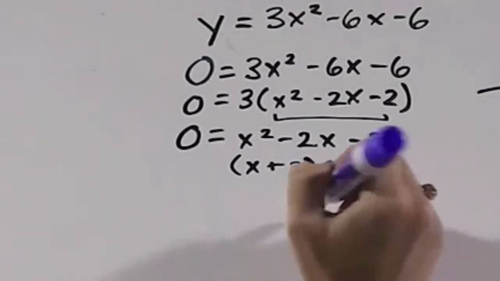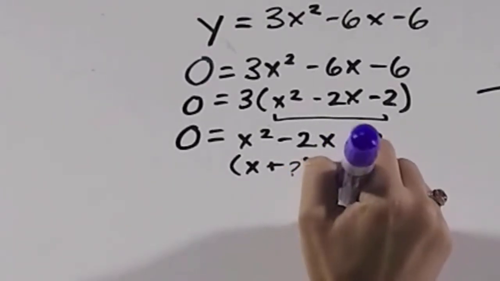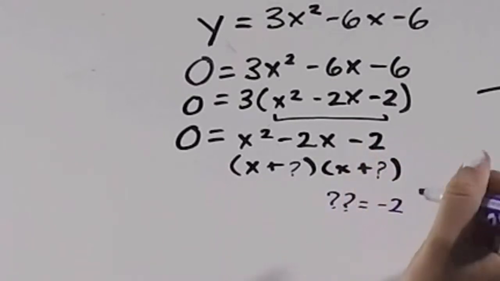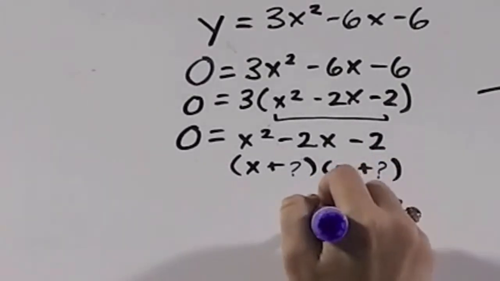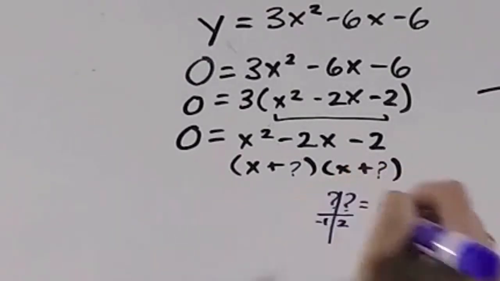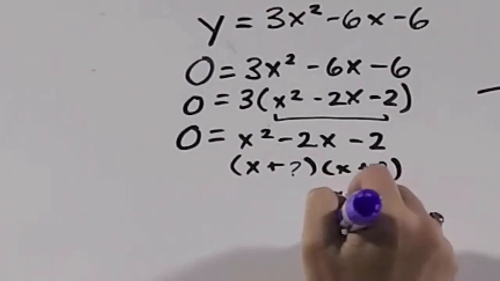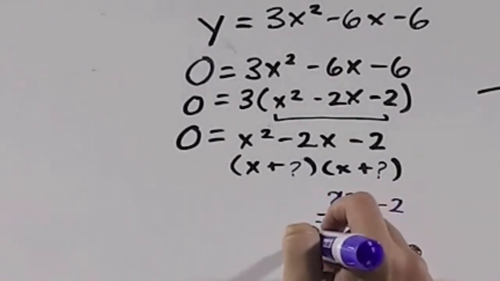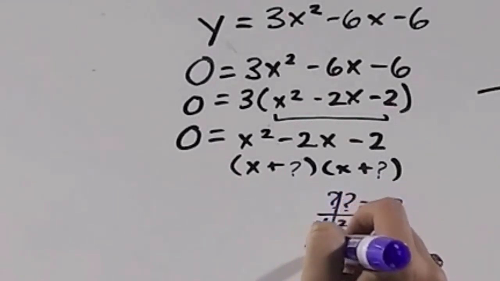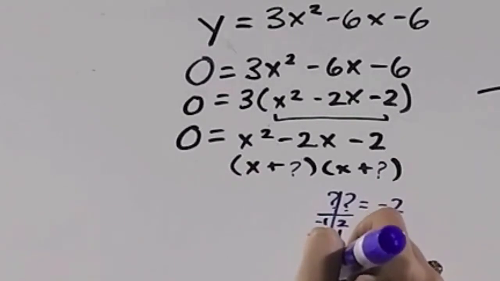But let's see. Can we actually find two question marks that will give us this expression? Well, that would mean that these two question marks multiplied together would have to equal -2. So our options are -1 and 2, -2 and 1, and then some funky looking things like -0.5 and 4, and the list goes on.